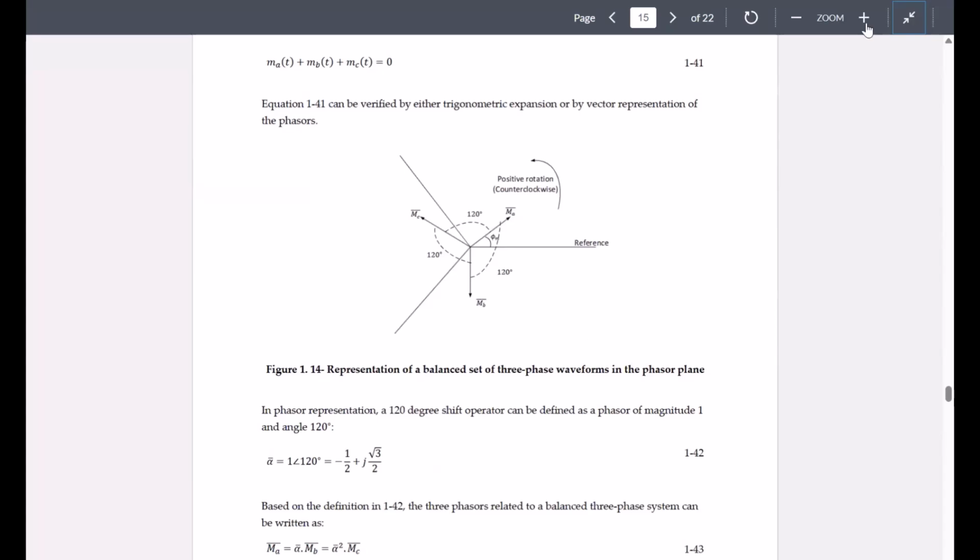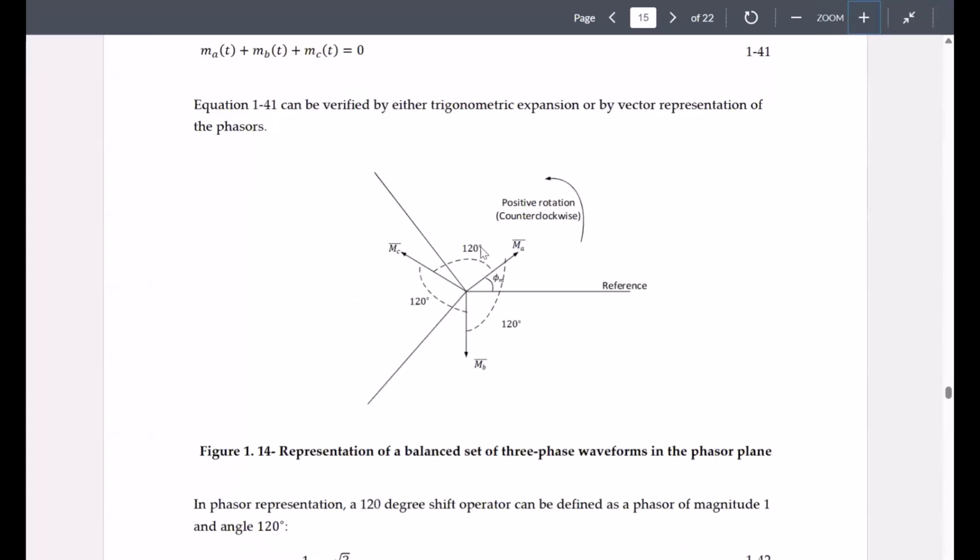And when we're talking about the 3 phasors associated with the 3 phases, if this is MA, then MB would be 120 degrees behind, and MC would be 120 degrees ahead. This is all with respect to counterclockwise rotation, so we're assuming a positive rotation to be counterclockwise.